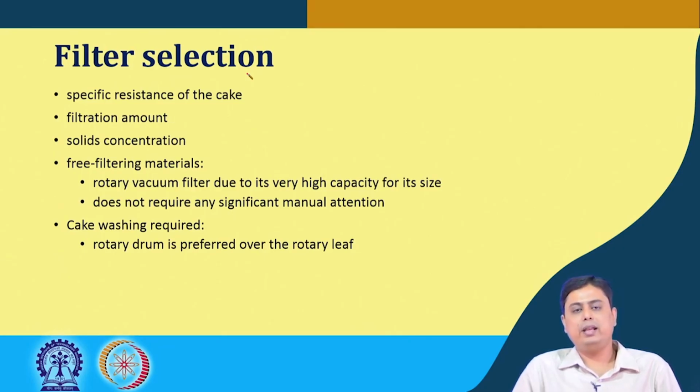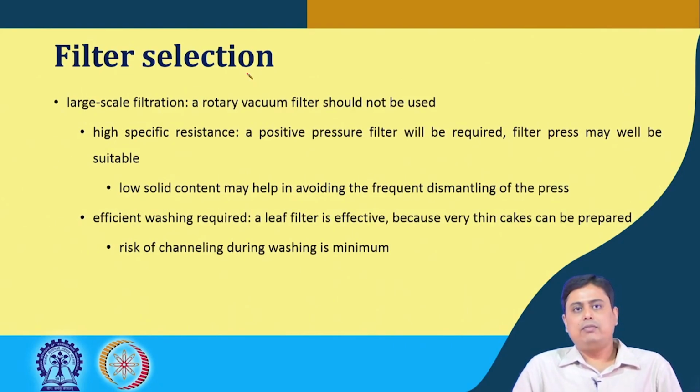It does not require any significant manual attention. When cake washing is rigorously required, the rotary drum is preferred over the rotary leaf filter. In large scale filtration, this rotary vacuum filter that I mentioned is very popular.